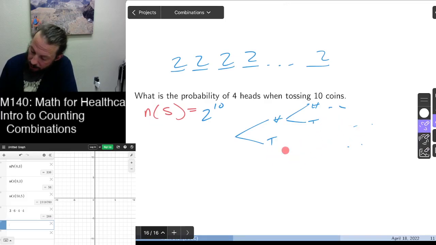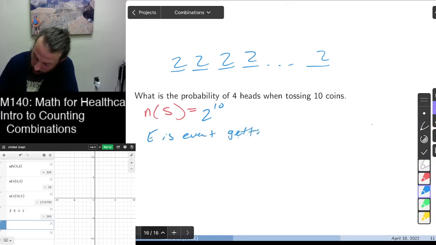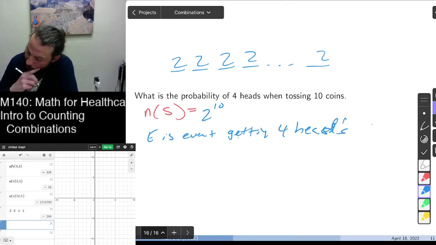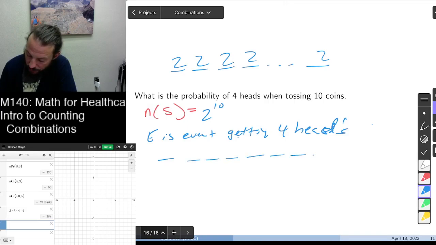All right, so now let's say E is the event of getting 4 heads. Now think about what this is. We want to know how many ways we got 1, 2, 3, 4, 5, 6, 7, 8, 9, 10.